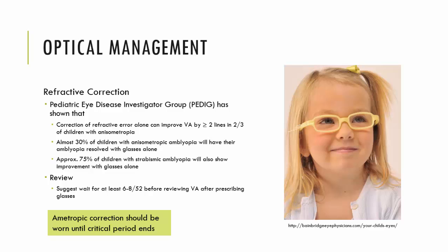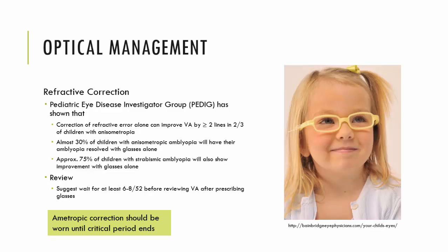The only time I would prescribe both glasses and occlusion at the same time is if the child is older and I'm towards the end of the critical period, which means that I don't have as much time to manage the patient's amblyopia. But generally, if they present young, it is best that you commence with the optical management of the patient and then review your patient in about 2 months' time and see if there's an improvement in visual acuity.